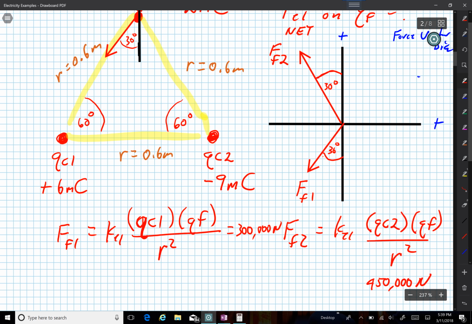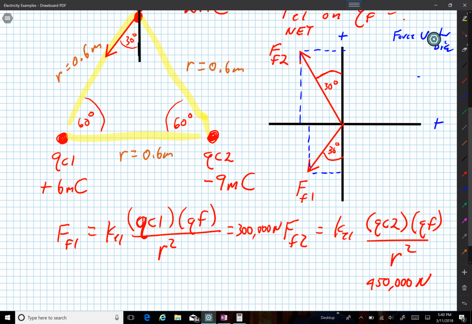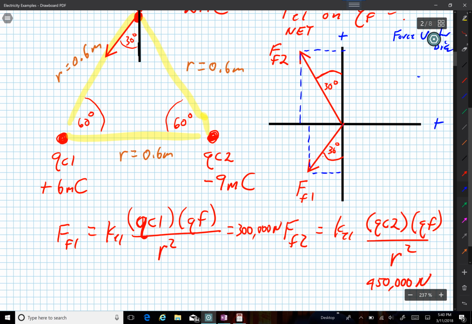Remember the way we always do these vector problems. I have off-axis vectors, so I'm going to make the boxes from the tips of the arrows, drawing lines parallel to the axis lines. Let me do it correctly here. So I have a new vector there, a new vector there, a new vector there, and a new vector there.